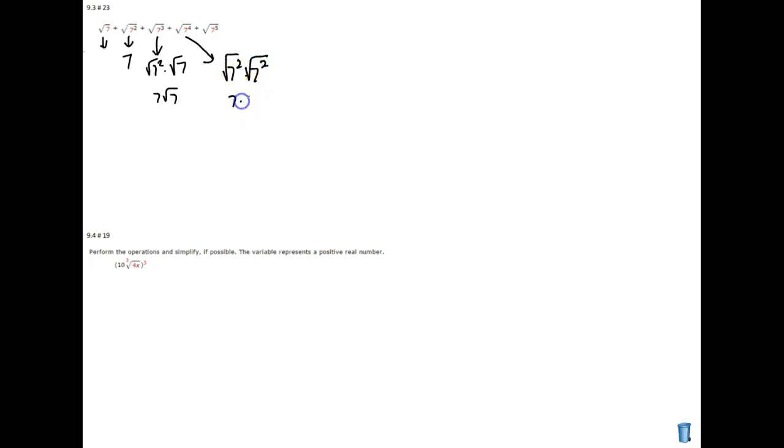So that becomes 7 times 7, which is 49. And then this last one, for 7 to the fifth, it's 7 squared times 7 squared times 7. And remember, we're taking the square roots. So this becomes 7 times 7 times the square root of 7, which becomes 49 times the square root of 7.